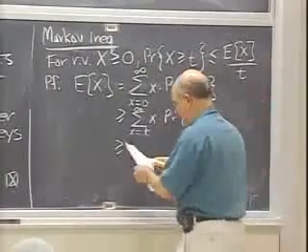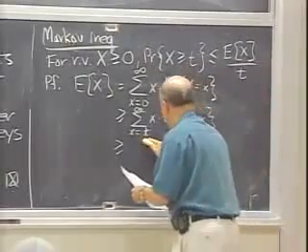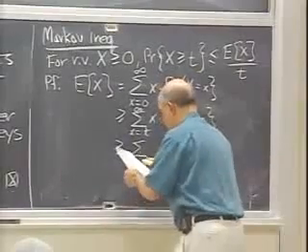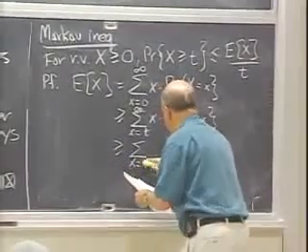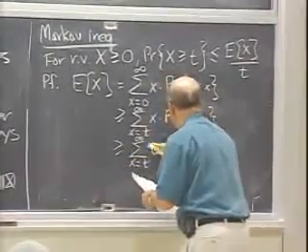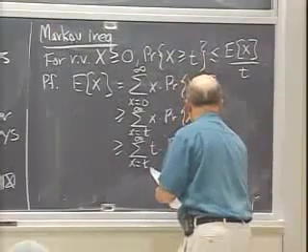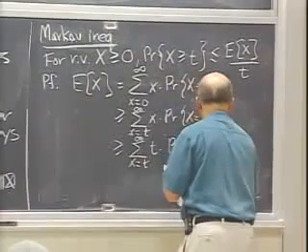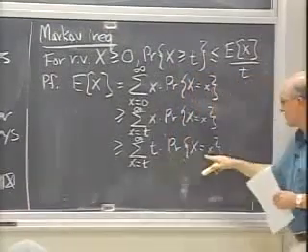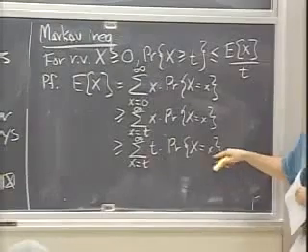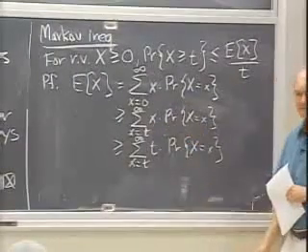So that's the summation from x equals t to infinity of t times the probability that X equals x, because these are only bigger values.